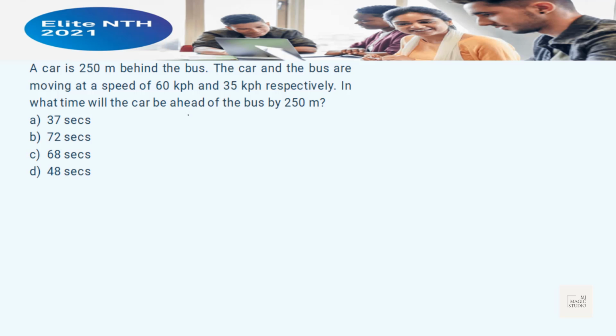A car is 250 meters behind the bus. The car and the bus are moving at the speed of 60 kph and 35 kph respectively. In what time will the car be ahead of the bus by 250 meters? That means relatively the car needs to cover 500 meters more than the bus.